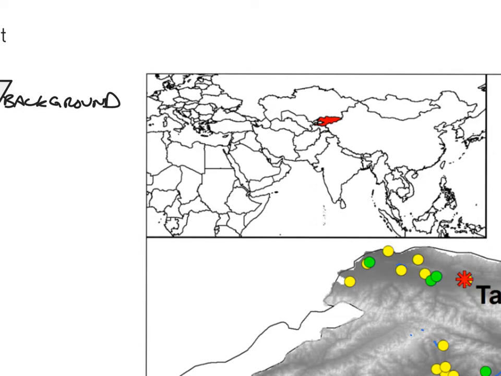So we first have to introduce our reader to Kyrgyzstan and possibly this larger region of Central Asia, and the fact that anthrax is a zoonotic disease of great concern in this region because of the agrarian lifestyle of many rural farmers in Kyrgyzstan and limited veterinary and human health care in the region, which could increase the risk of human cases that were unattended to.